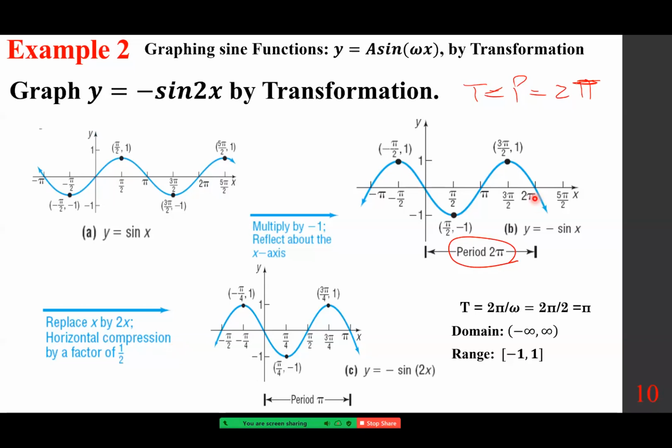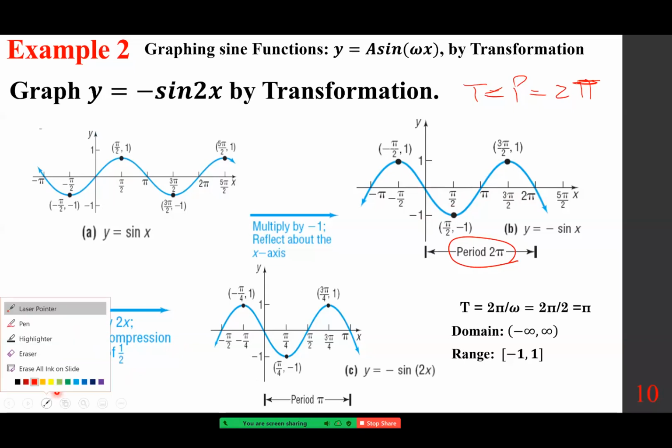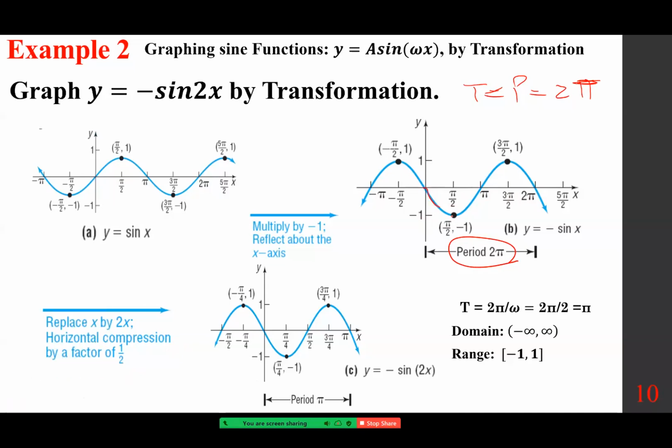In essence, this moves this way. Compare the main piece from 0 to 2 pi, now 0 to pi. This is what takes place.